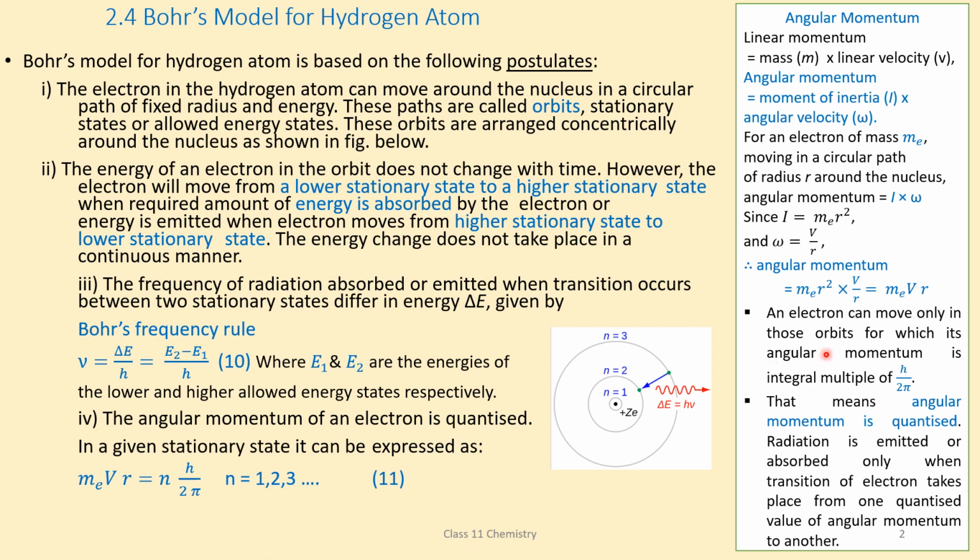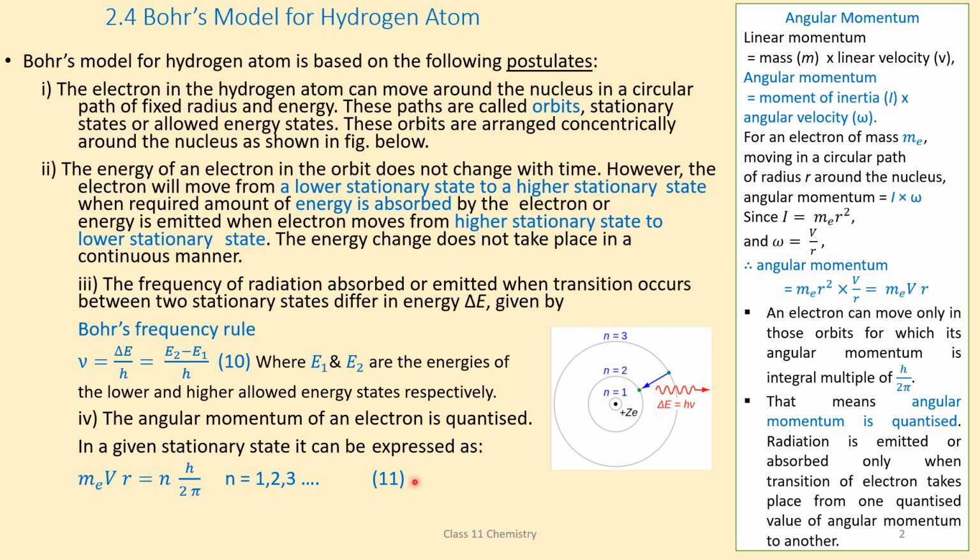So an electron can move only in those orbits for which its angular momentum is an integral multiple of h by 2 pi, as given in expression 11. That means angular momentum is quantized.